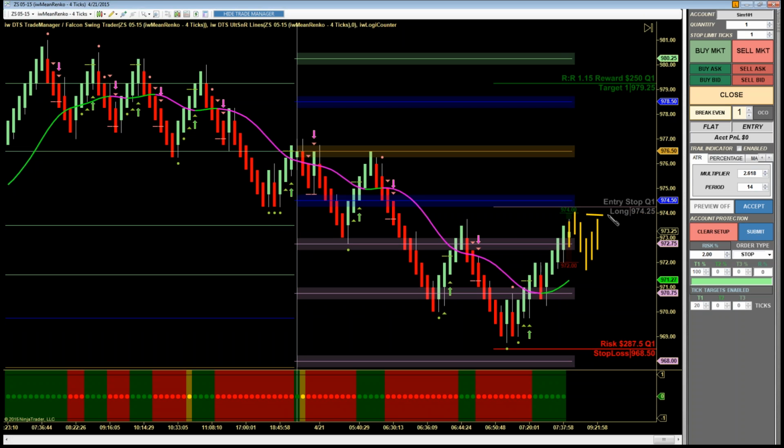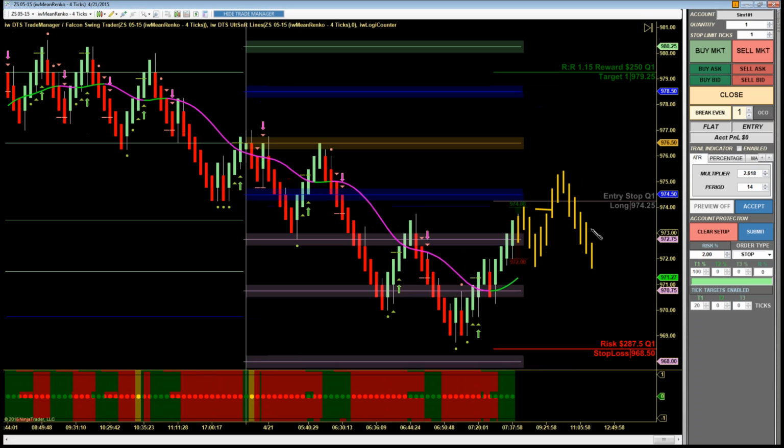So let's say the market goes up a little bit and then starts coming down, which it tends to do. And let's say it makes a little bit of a swing here near the low and then starts going up again.